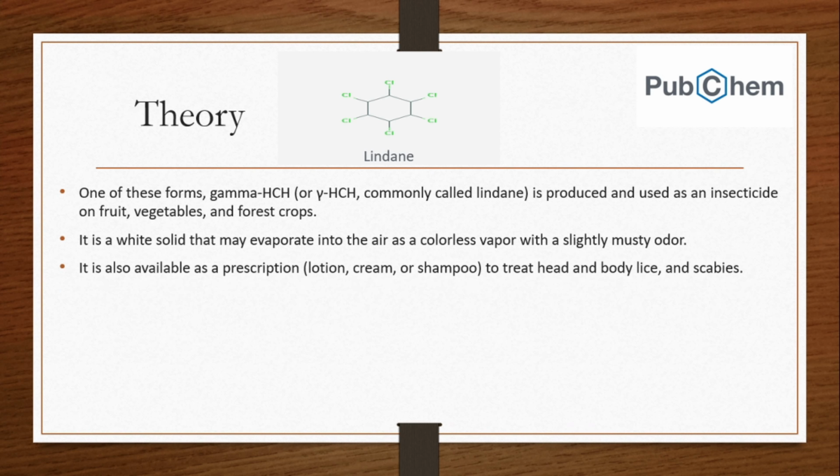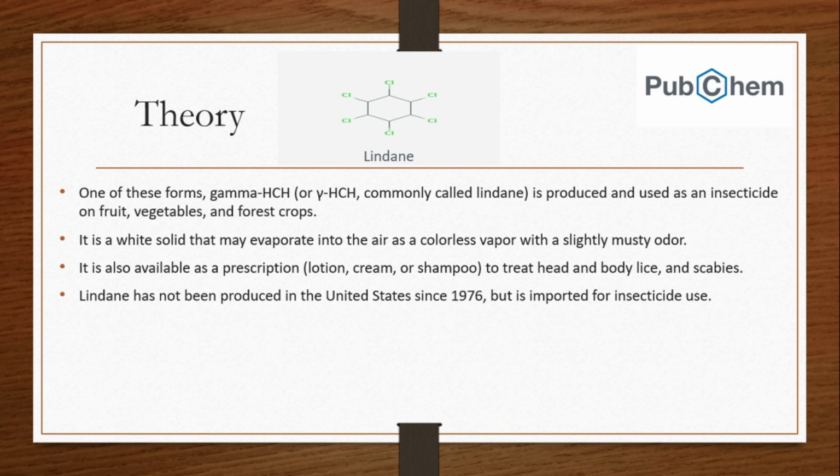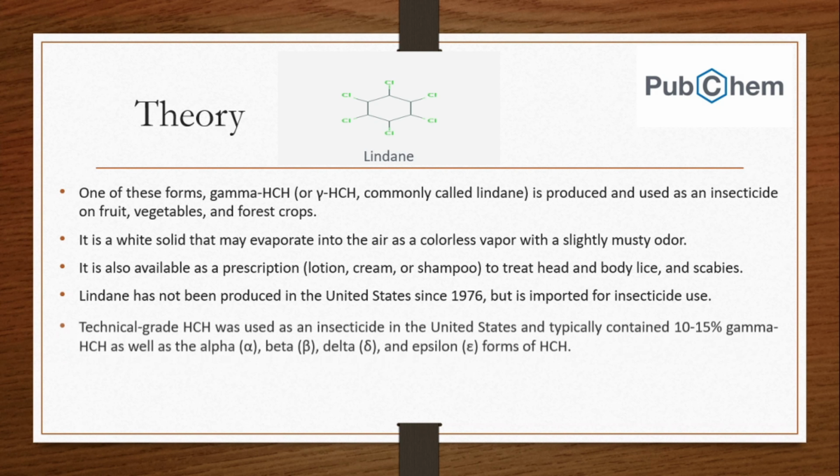It is also available as a prescription in the form of lotion, cream or shampoo to treat head and body lice and scabies. Lindane has not been produced in the United States since 1976 but is imported for insecticide use.